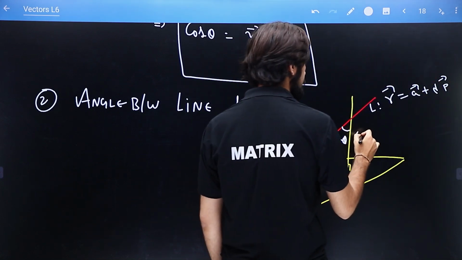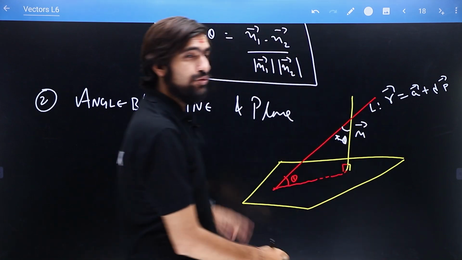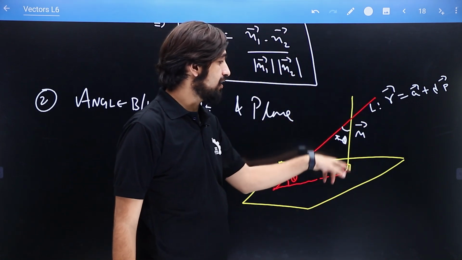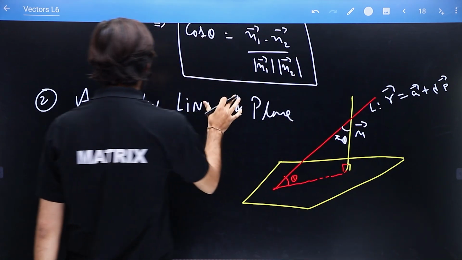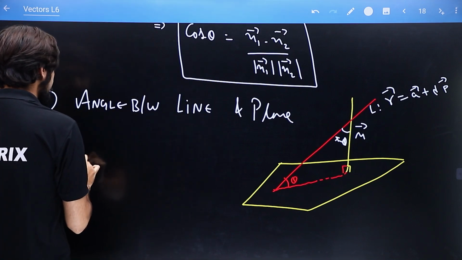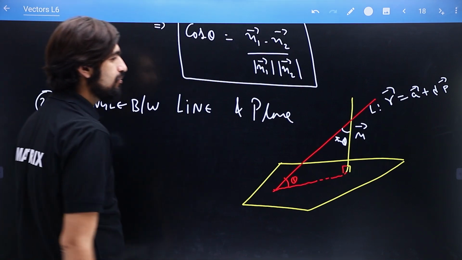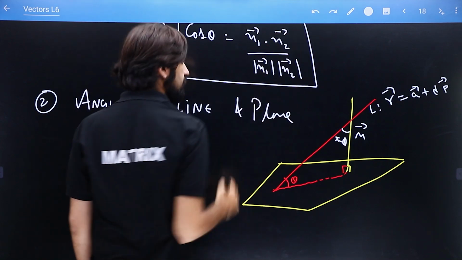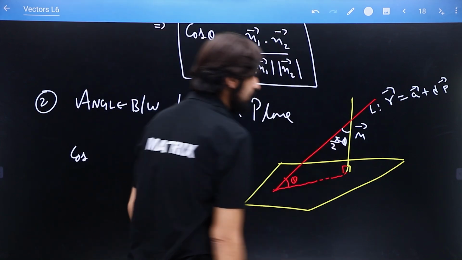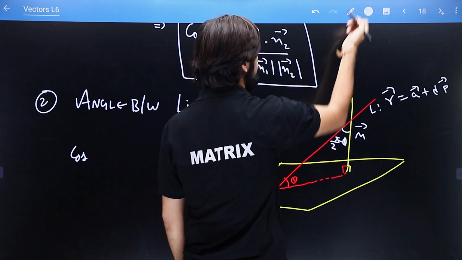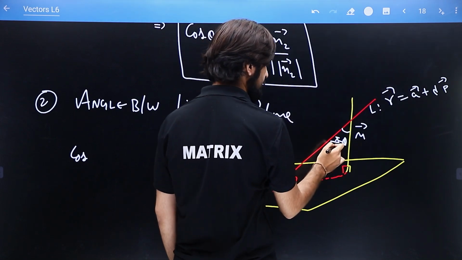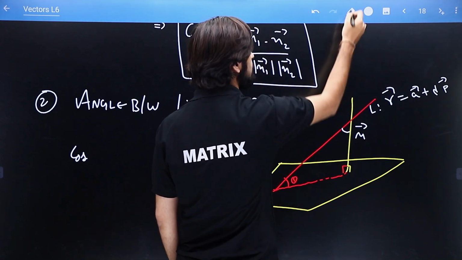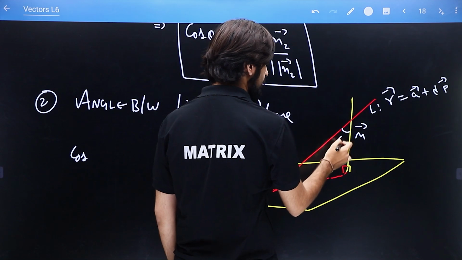And this is the normal vector n. So we know two vectors: one is the direction of the line, one is the normal. So this will be the angle between these. Let's call it phi. The angle between these is pi by 2 minus theta, not pi.